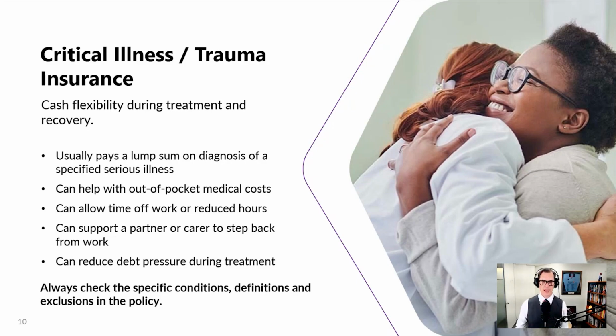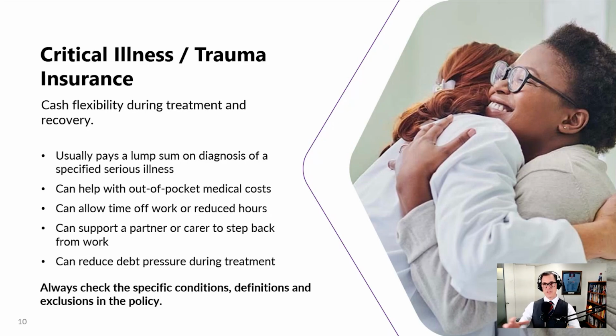These policies pay a lump sum to the insured, and they're really designed to help you with immediate cash flow, to pay medical expenses, to bridge the gap between when you had the accident and getting back to work, and maybe even bridge the gap between the accident, your medical care and rehab, and if you're not going to go back to work or going to be unable to go back to work full time, when your income protection policy kicks in.